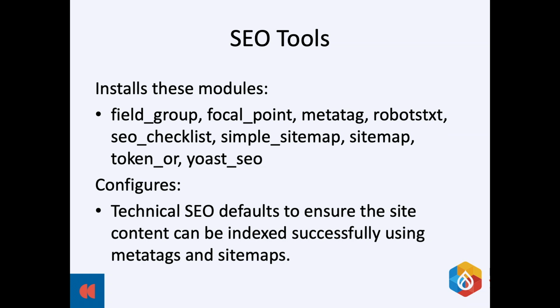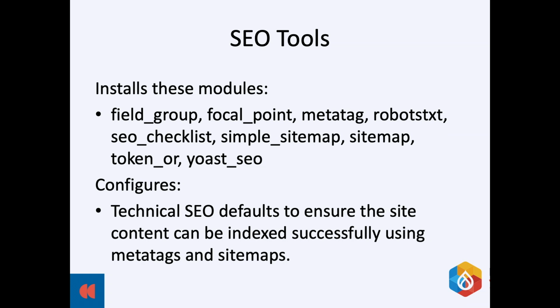And the SEO tools. So this is adding focal point and field group and meta tag. It gives you a nice box on the bottom of all your content types, where you can add a focus keyword that then Yoast will use, and it will read your content and say, you've said this is about Drupal, but you haven't mentioned Drupal anywhere on the page.